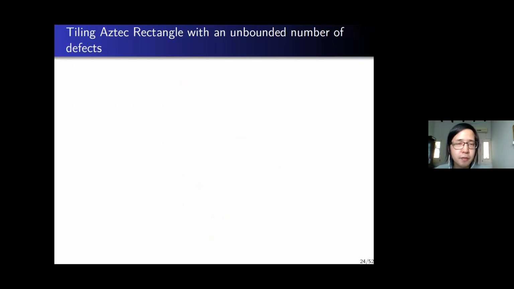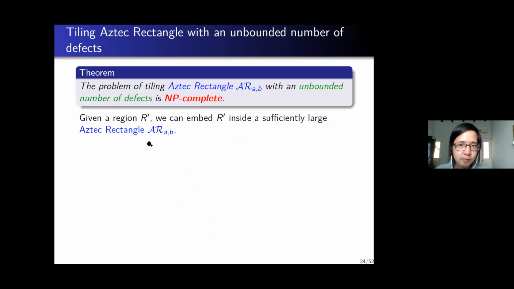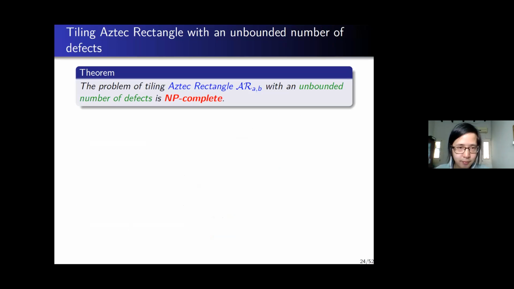When the number of defects is unbounded, the problem becomes NP-complete.